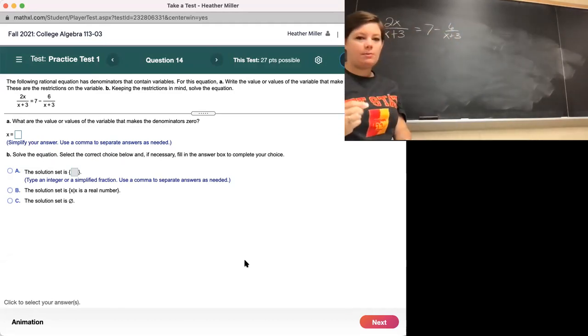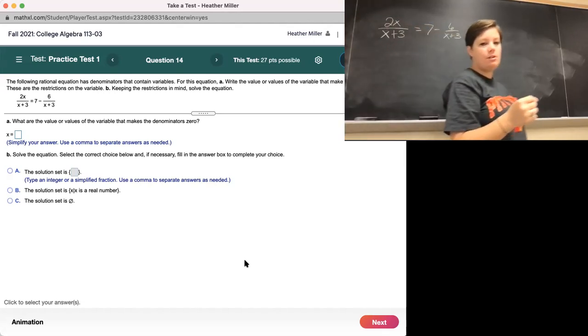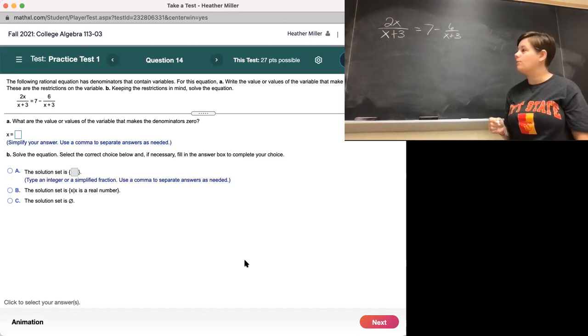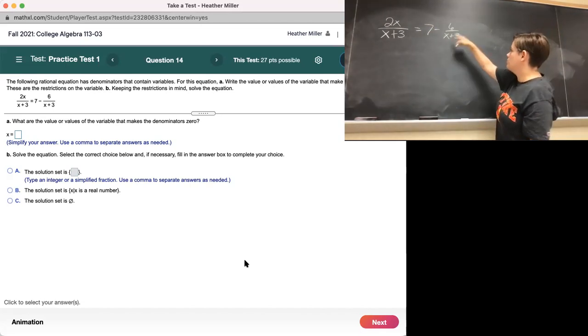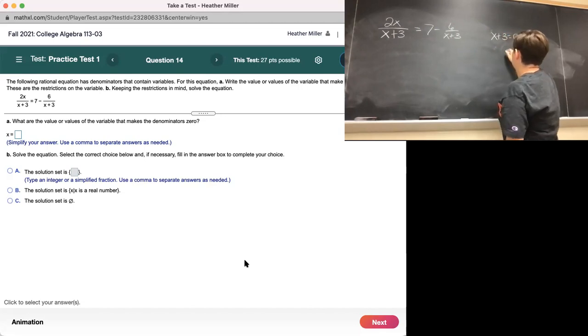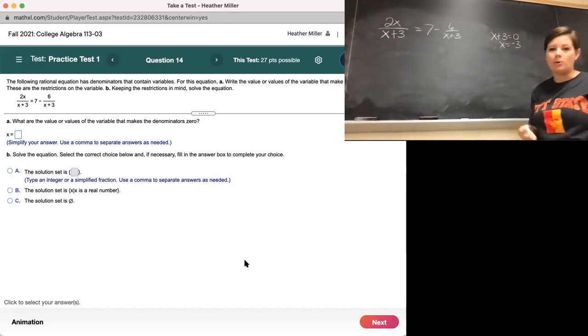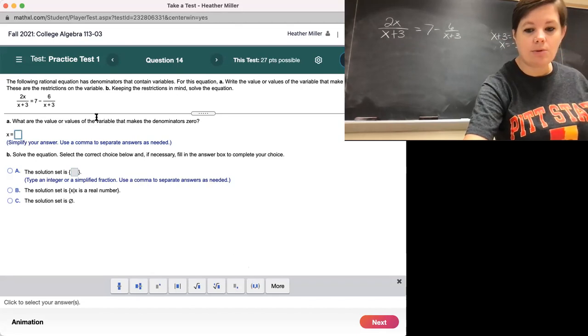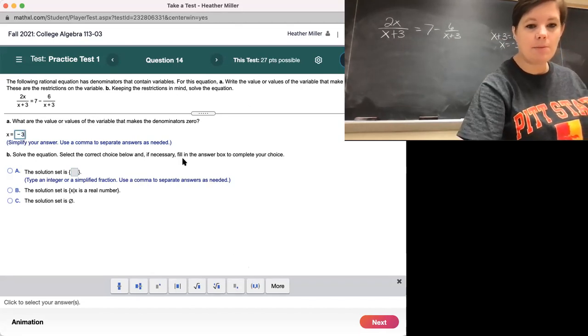So the very first step is to identify the values that would make the denominator 0. You look at your denominator, x plus 3, and set that equal to 0. x equals -3 is our problem point.